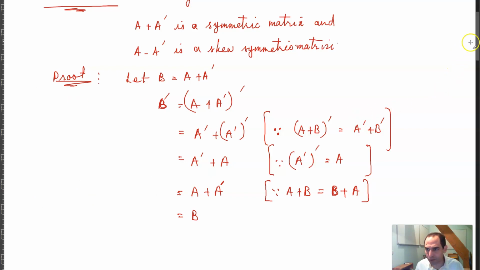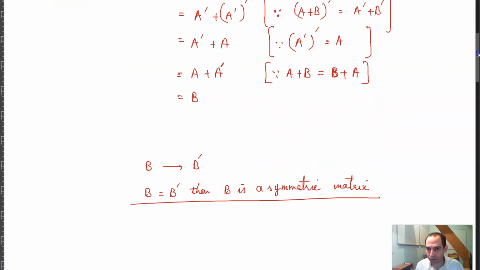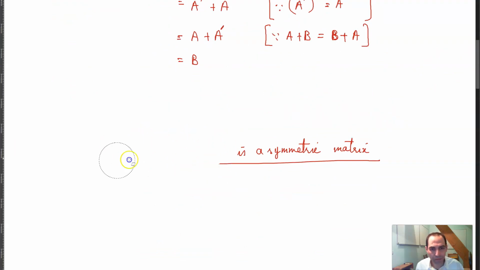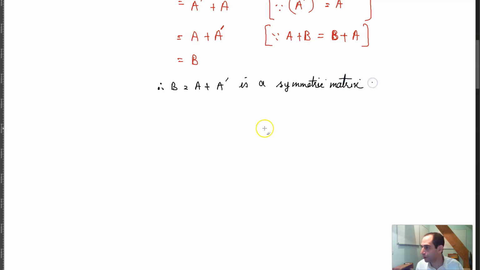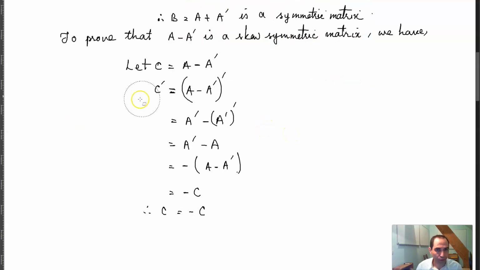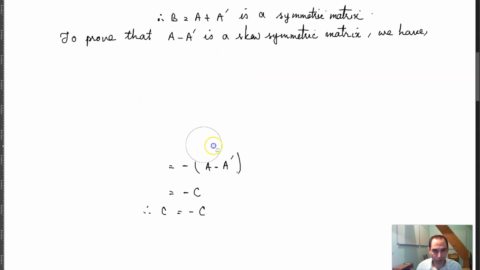So you can simply write here that B, which is A plus A prime, is a symmetric matrix. Right?